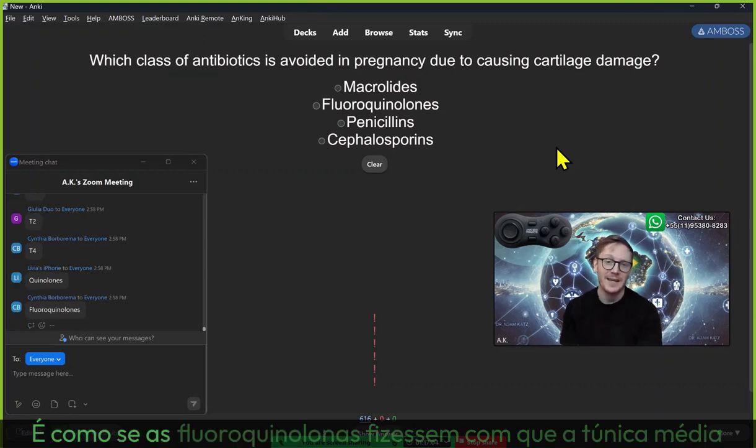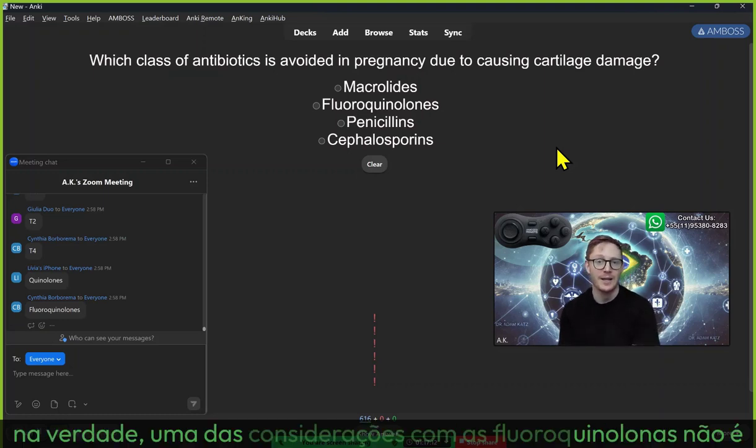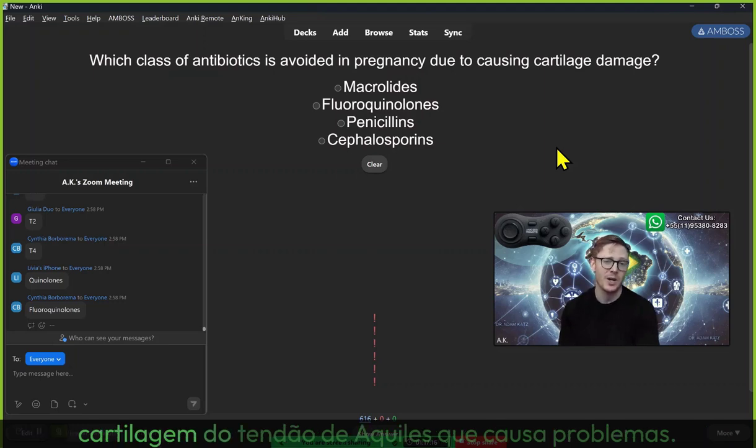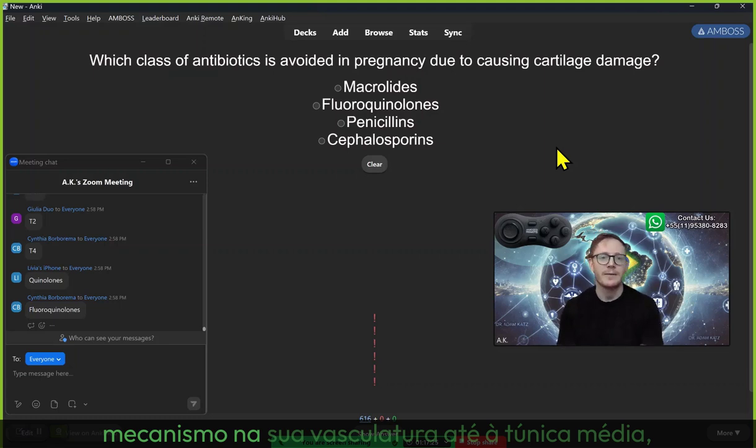One of the considerations with fluoroquinolones is not just the cartilage, and usually this is the cartilage in your Achilles tendon that causes problems, but you can also get aortic aneurysms from the same mechanism in your vasculature, the tunica media.